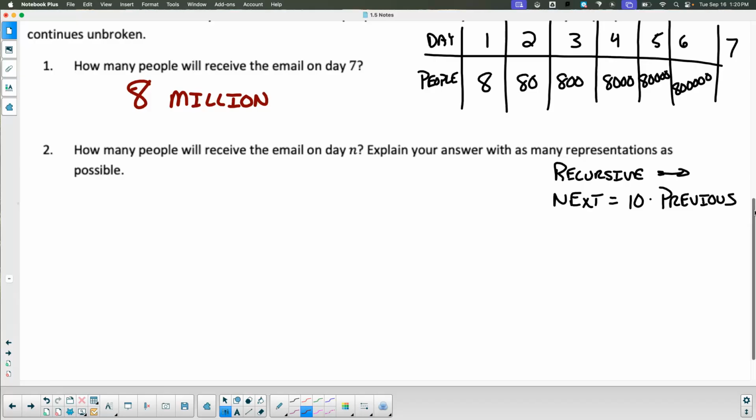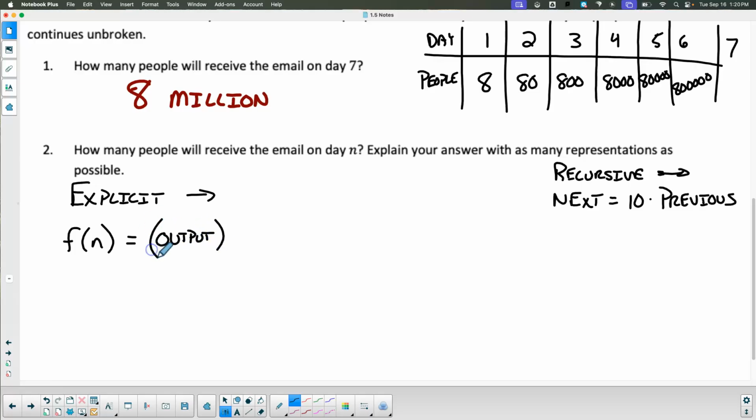Okay. So our explicit formula is going to be f of n equals some output times our ratio to the n minus the input power.